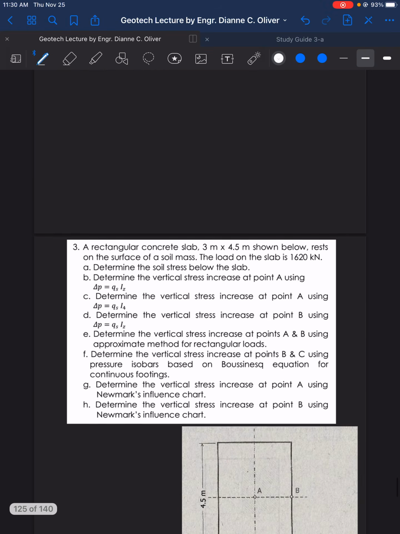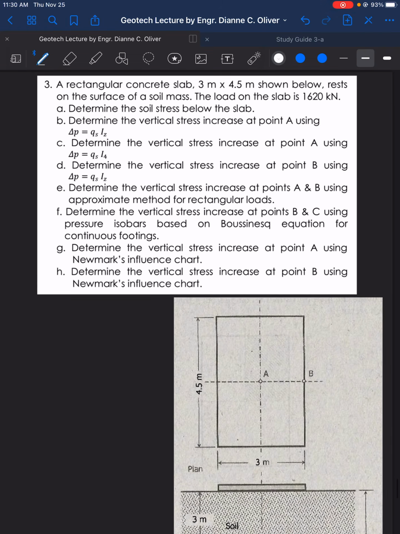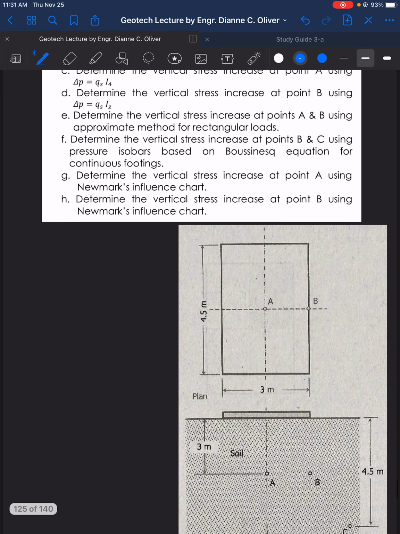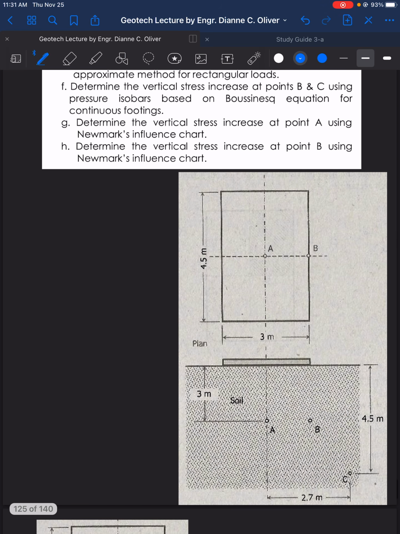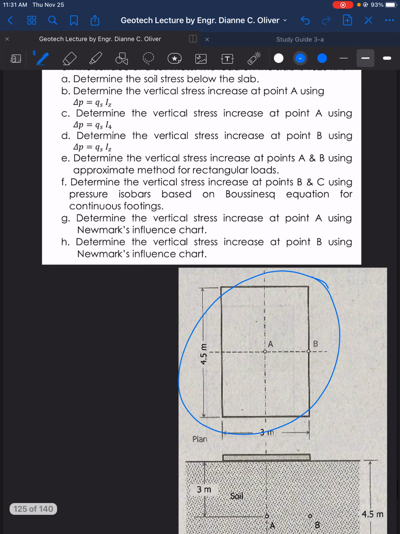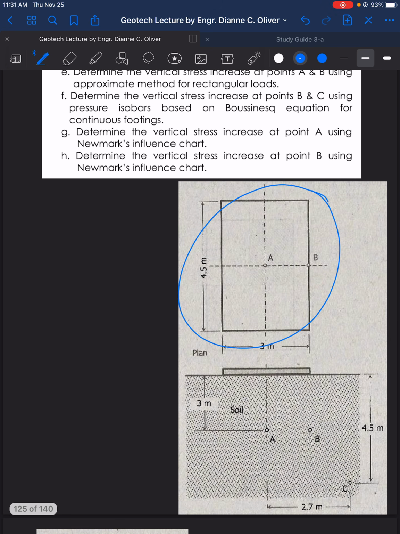Let's go to number 3. A rectangular concrete slab 3 meters by 4.5 meters is shown below. It rests on the surface of a soil mass. As you can see from this figure, this is the plan of the slab, the rectangular concrete slab.